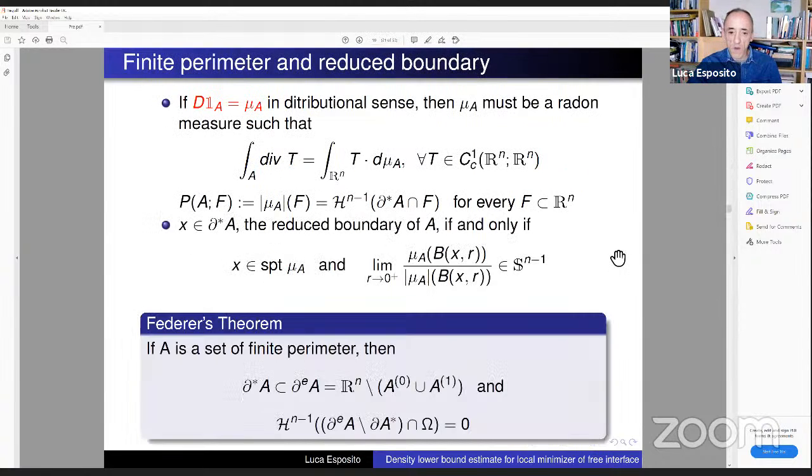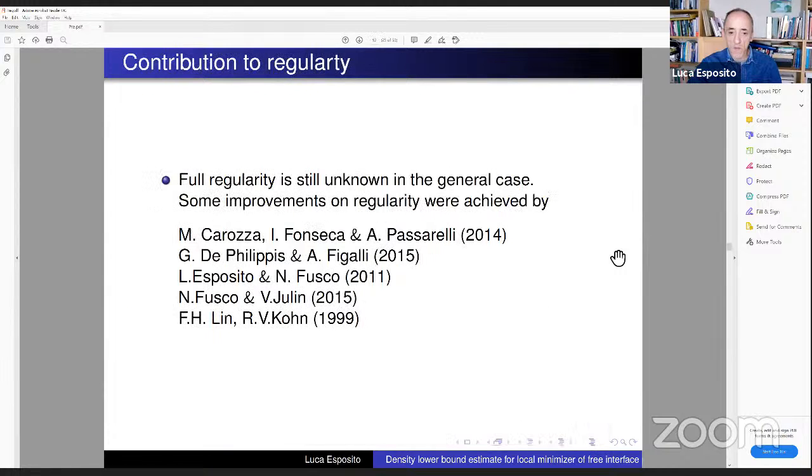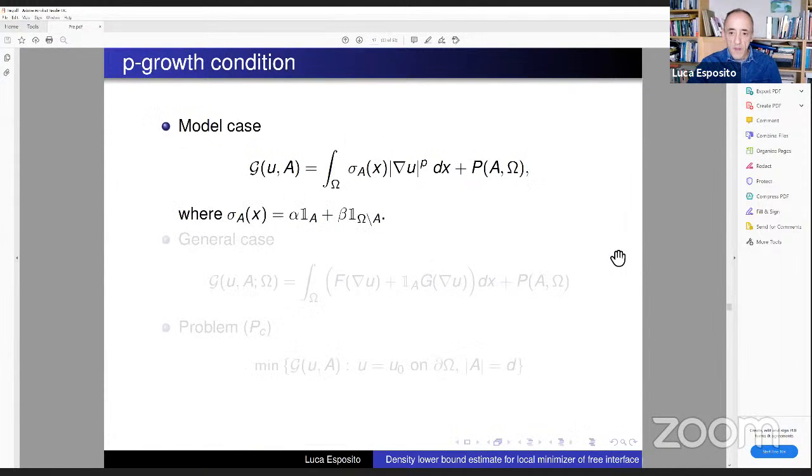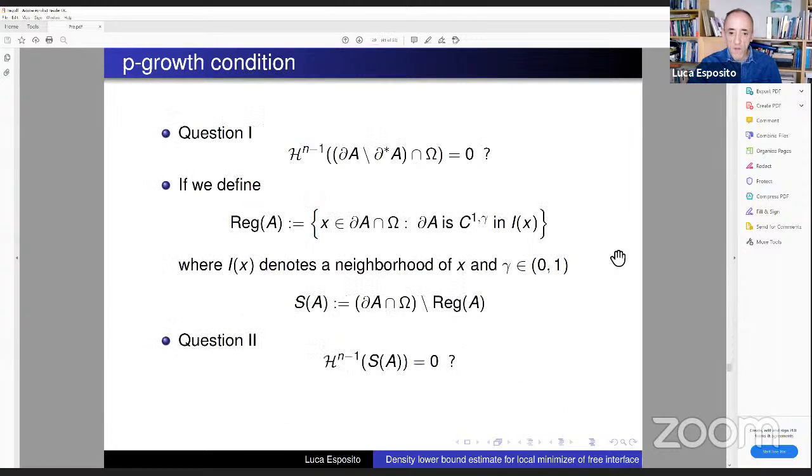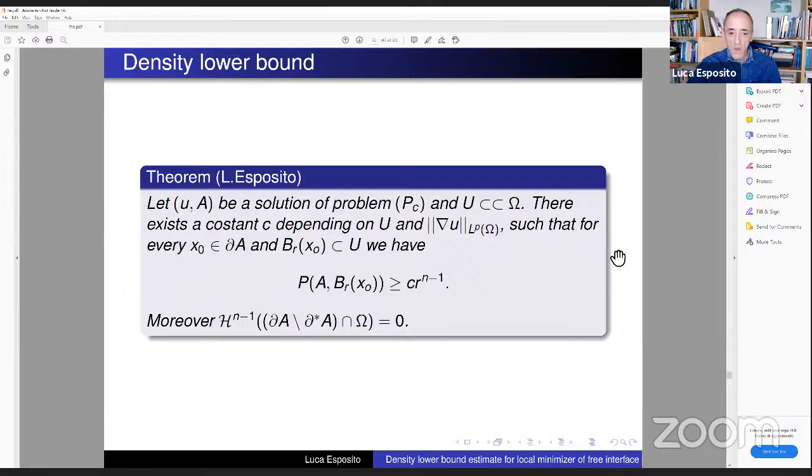This is true because here at the end, when you have this density information, I write here, this gives you also some information, using the isoperimetric inequality, on the measure of the set A. So there is an interaction between the measure of the boundary, the interface measure, and the volume.